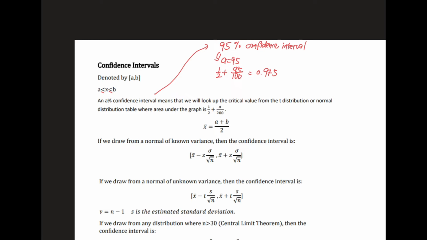Okay, so it's something like this. 95% in the middle, 0.025 on the right, 0.025 on the left. So we are taking this value and we look for the corresponding value in the table. Okay, so this shaded region is 0.975. So that's why that formula helps us to count this.